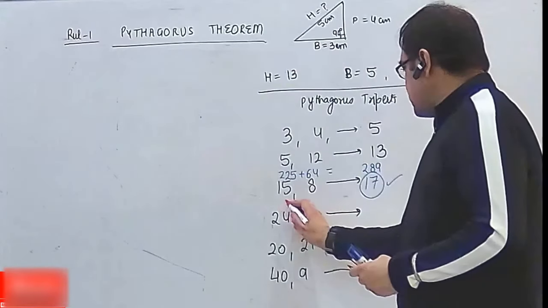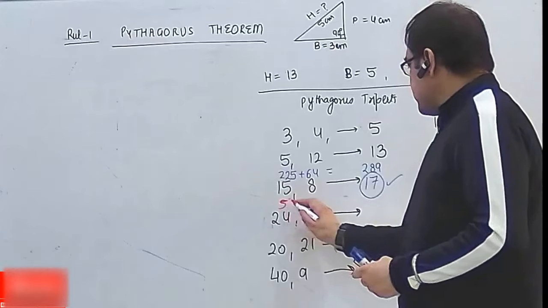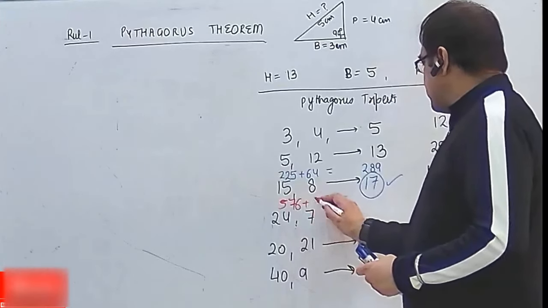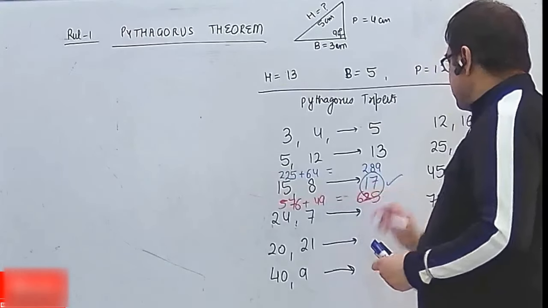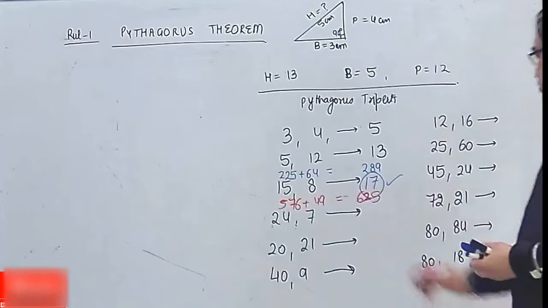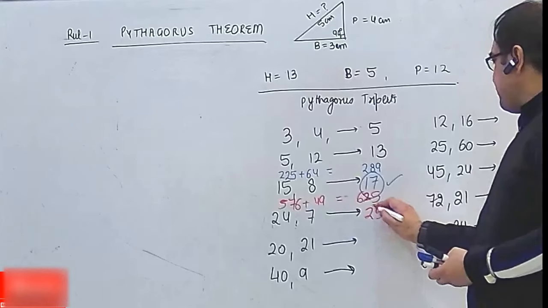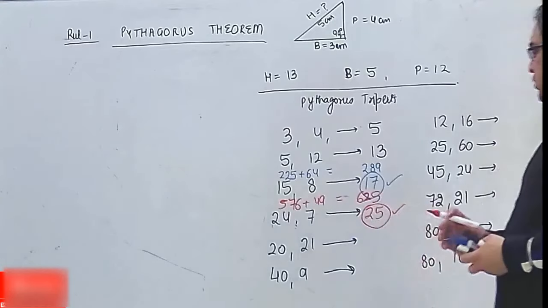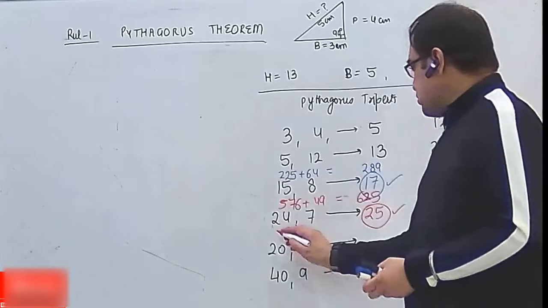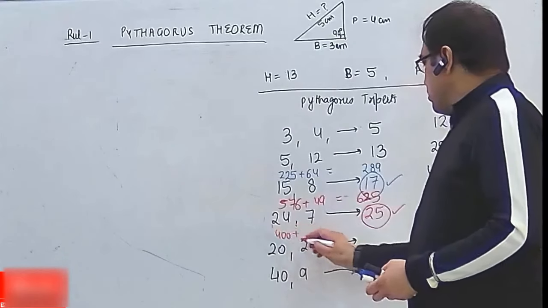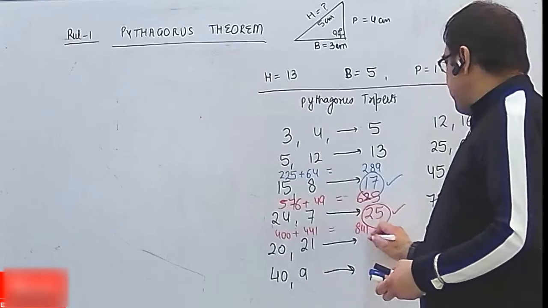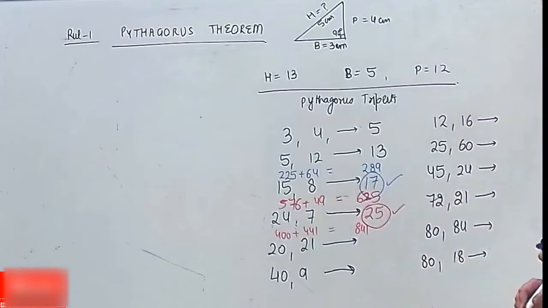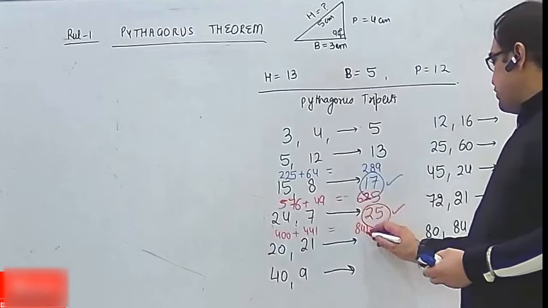Let's see, students, how we can find out the next. 24 square is 576, and 7 square is 49. So this will be equal to 625. 625 is basically the square of 25. So here we get the answer 25. Okay, very good. 20 square is 400. 21 square is 441. So this will be equal to 841. 841 is the square of which number?